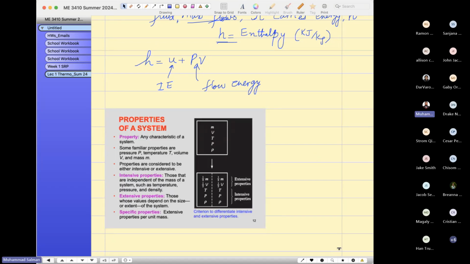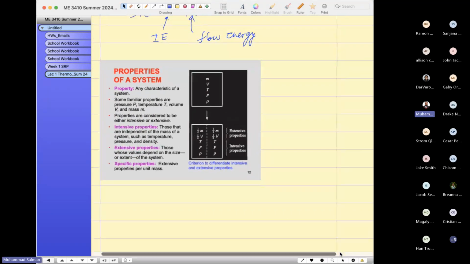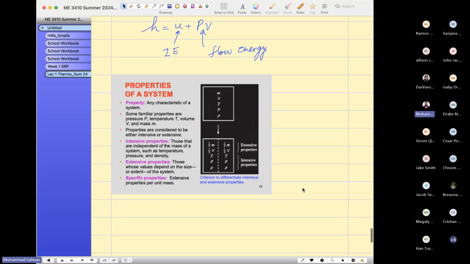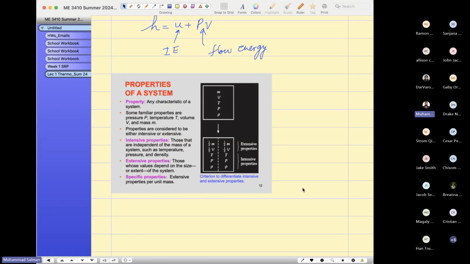So there are some properties of fluid. A property is any characteristic of a system. For example, mass, volume, temperature, pressure, density, these are properties. Some properties depend upon the mass, some don't.